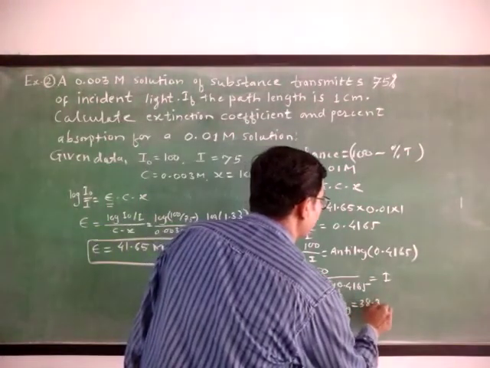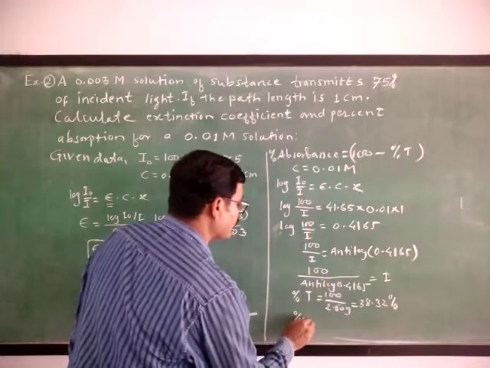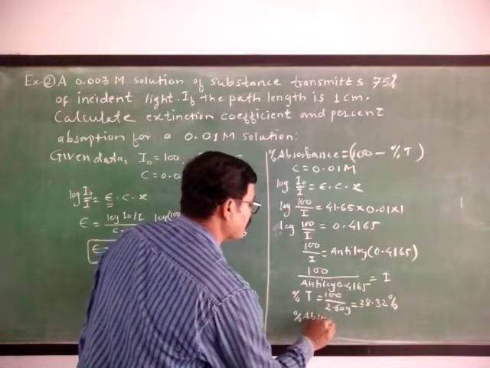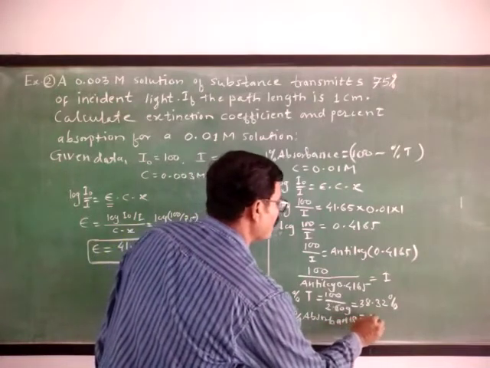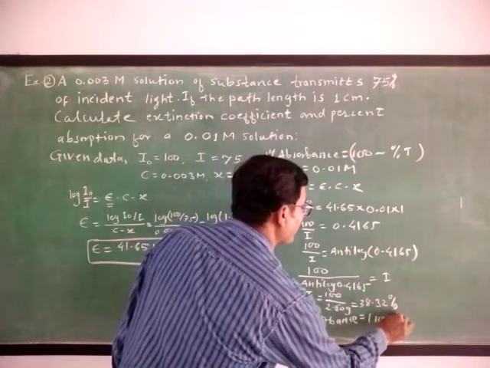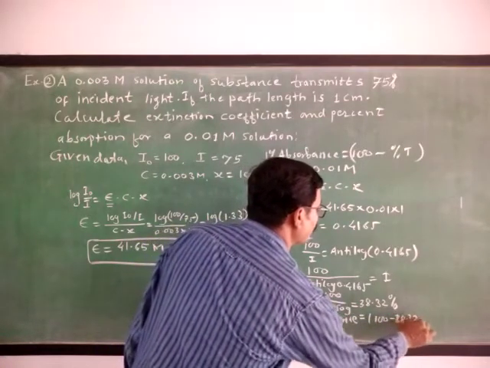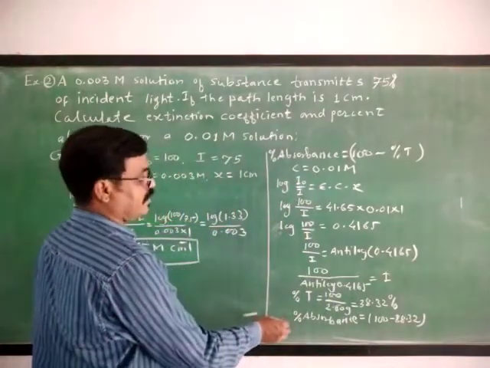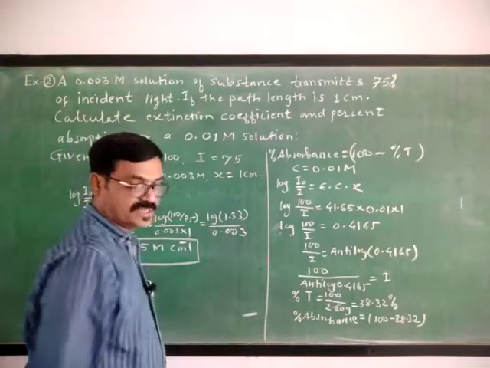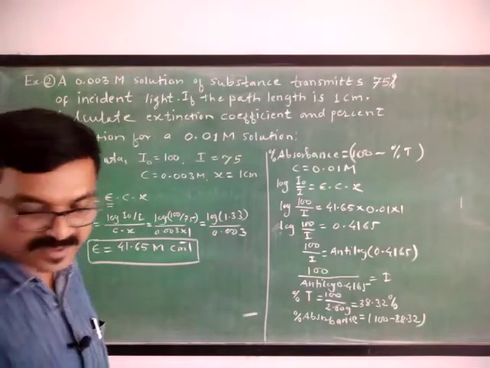After calculating this, the percent transmittance will be 38.32 percent. If you know the percent transmittance, now find the percent absorbance. That percent absorbance is equal to 100 minus 38.32, and the final answer of this percent absorbance becomes 61.68%.